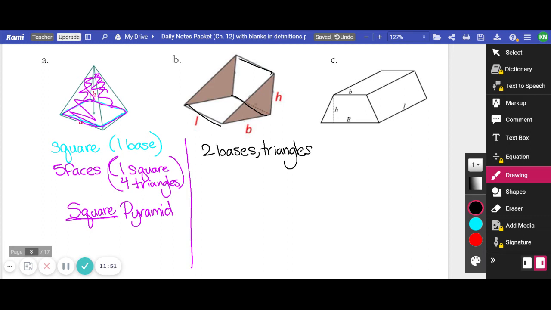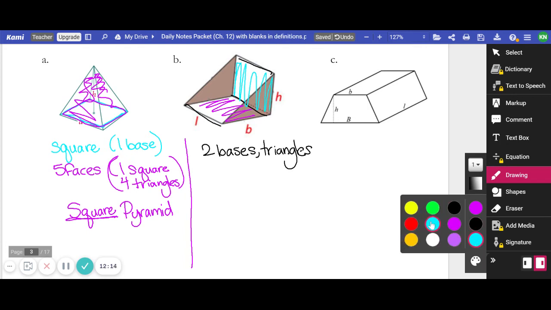How many faces does it have? Well, it has the 2 bases that are triangles, plus how many extra sides? There's the rectangle on the bottom that joins the bottoms of the triangles. There's the rectangle at the back that joins the heights together. And then this one's really hard to see.